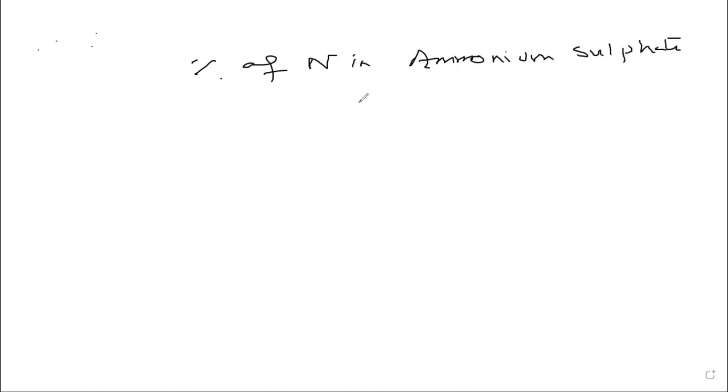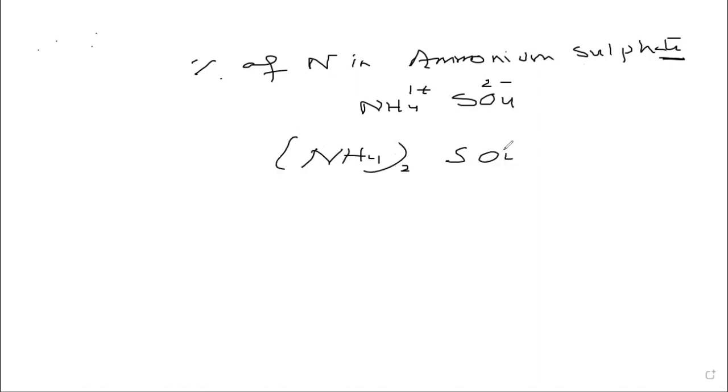Okay, write down the formula. Ammonium is NH4 +1. Sulfate is SO4. See, at the end it is 'ate'. So it's a radical. Minus 2. Cross. So the balanced formula is (NH4)2SO4.